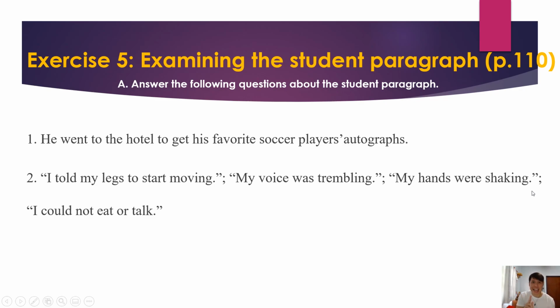This is one technique. You don't have to say "I'm very excited", but you can use this kind of sentence to show how you feel. Suppose I am scared: I won't say "I'm scared", I will say "My hair stood up", and you can imply from my sentence that I'm scared. This is another technique. Number 3: what do you think the writer actually said when he spoke to Sergio Verdirame?